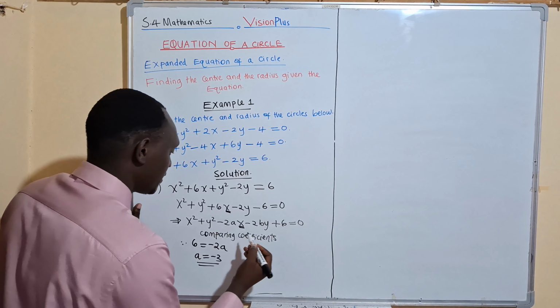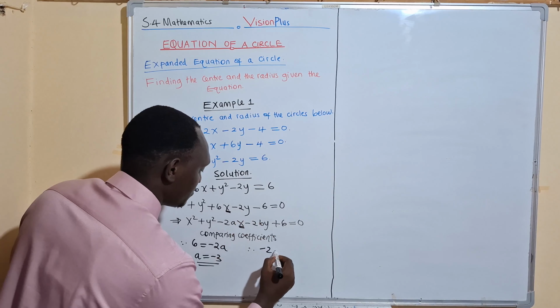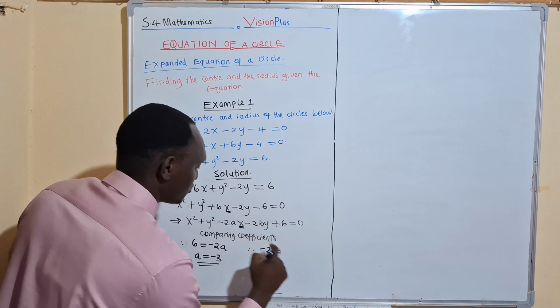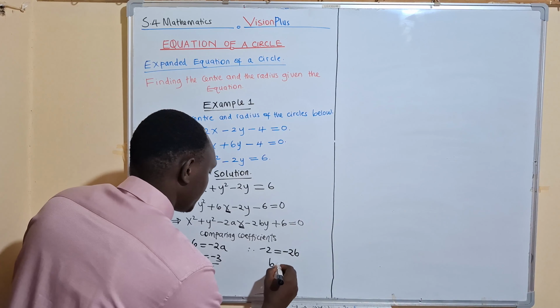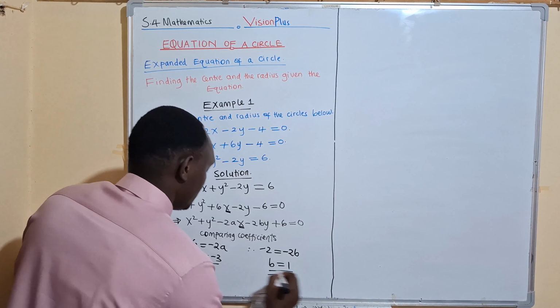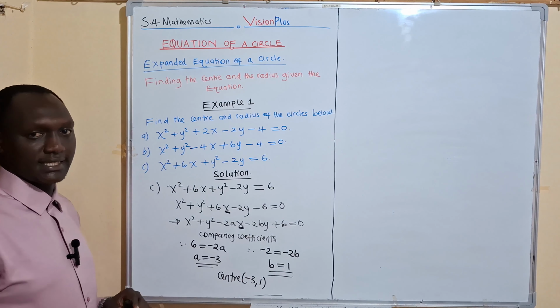Also, comparing the terms in y, the coefficient of y, which is negative 2, corresponds to the coefficient of y, which is negative 2b. We solve by dividing by negative 2, and then we find that b is positive 1. After getting a and b, the center is at negative 3, positive 1. That is how we find the center.